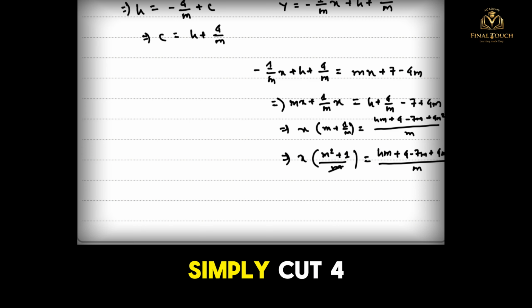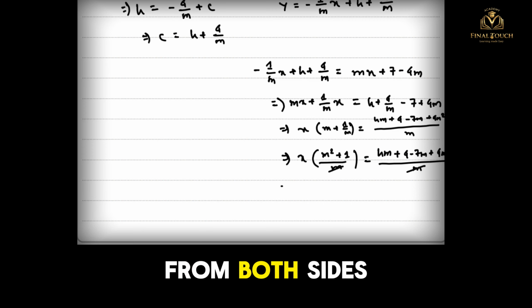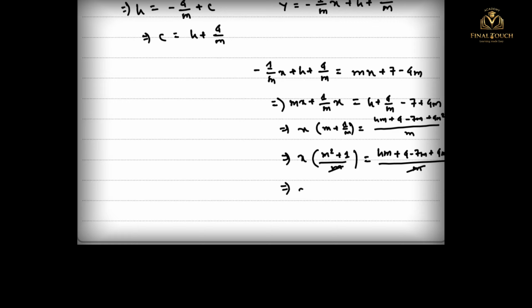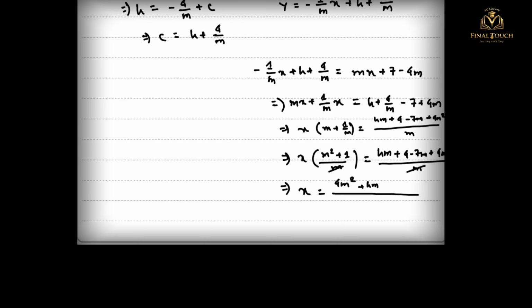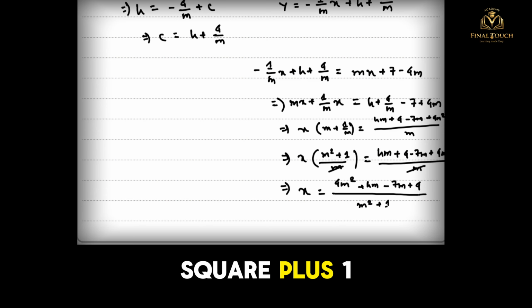You can just cancel m from both sides of the denominator. x equals, we get 4m square plus km minus 7m plus 4 over m square plus 1. So that's the x coordinate of C.